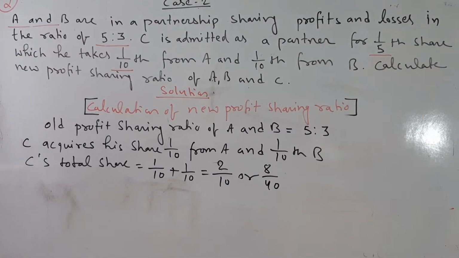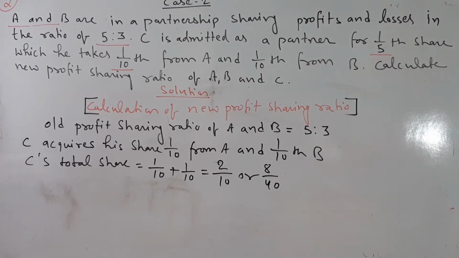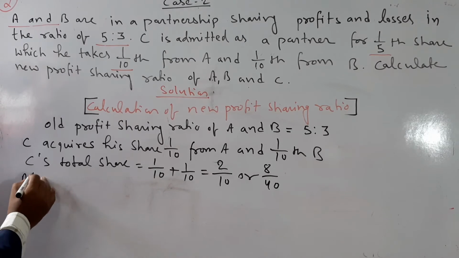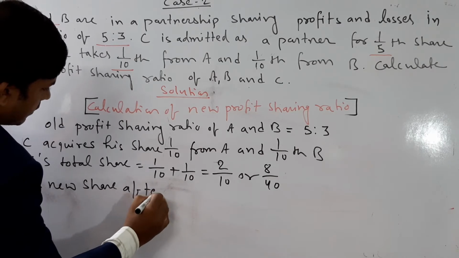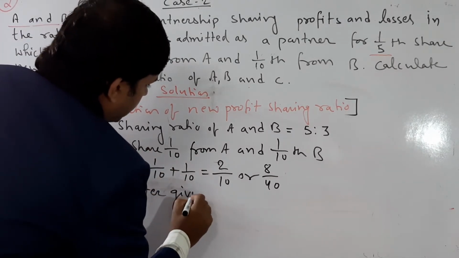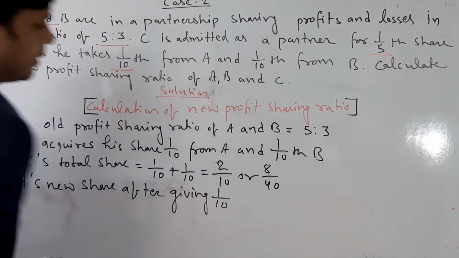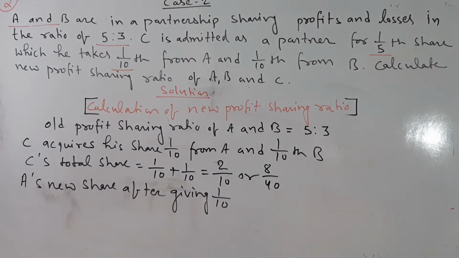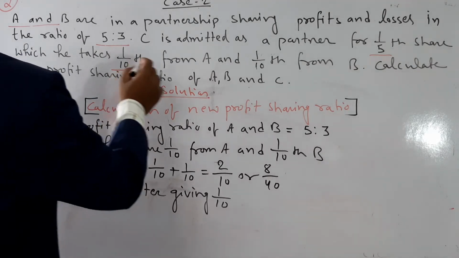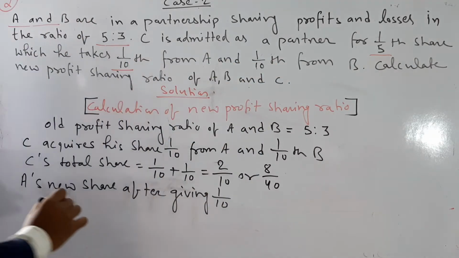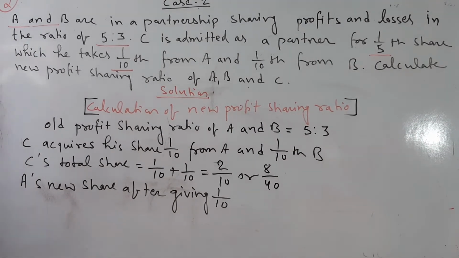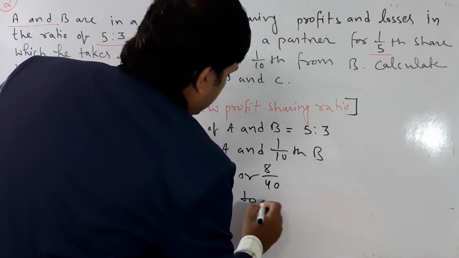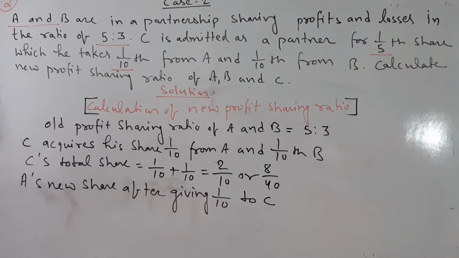Clear? This is the calculation. A's new share after giving 1/10 to C is 5/8 minus 1/10.